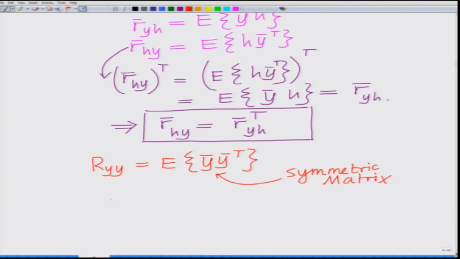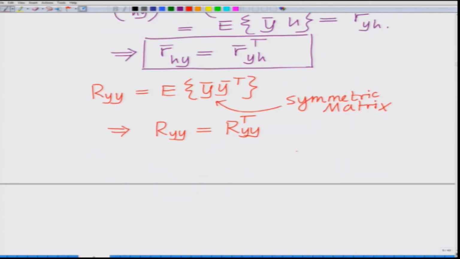Implies R YY equals R YY transpose, since it is symmetric, and also naturally if the matrix is symmetric, its inverse is also symmetric.